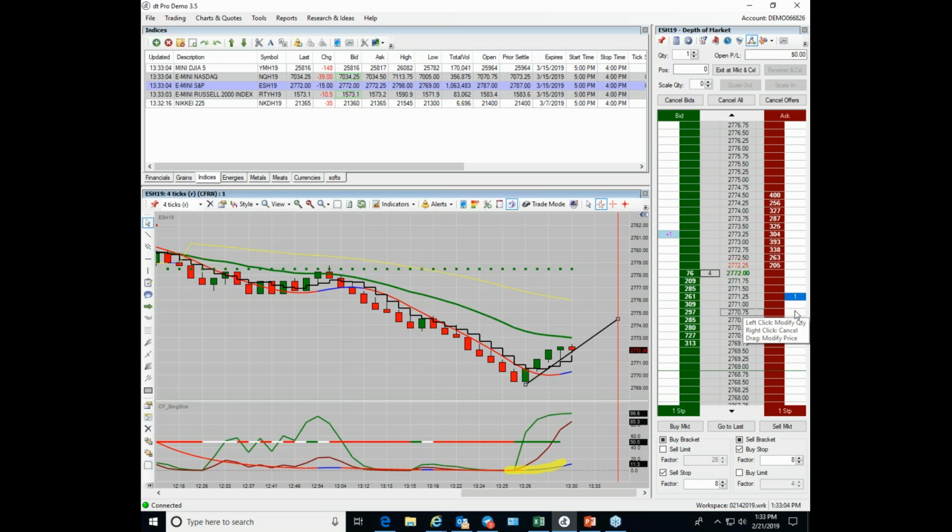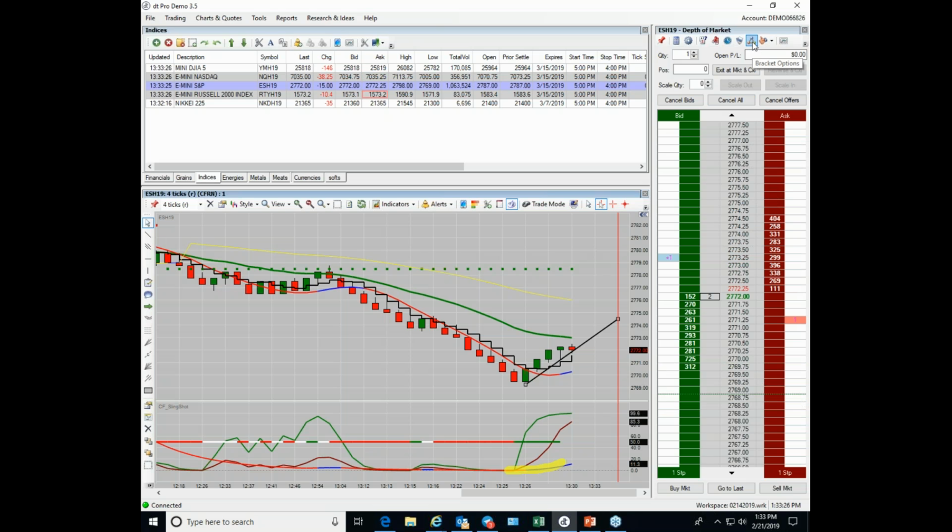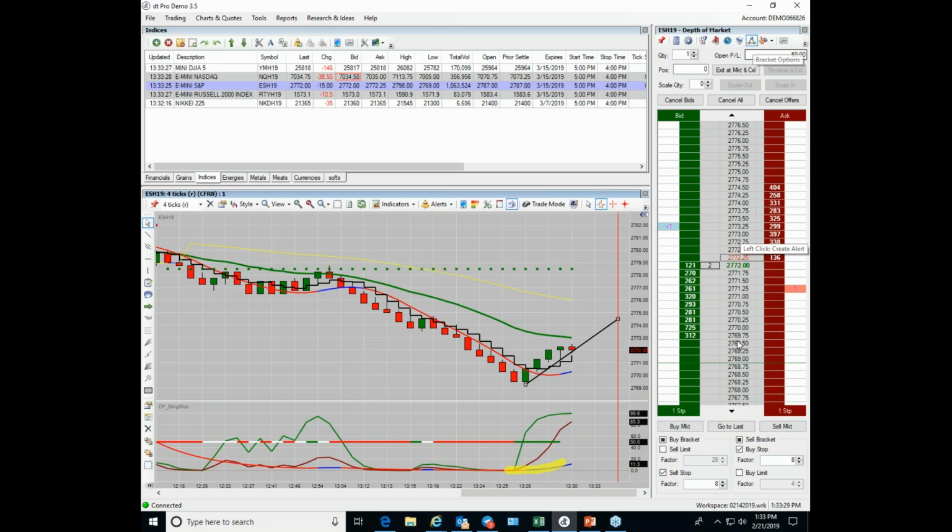Here we go. Maybe we break down here. Come on, break down. I want to also show you how to move the stops and all that other stuff, especially the guys that are brand new. So notice what I created here was a bracket. I clicked this Tinker Toy triangle, top of the DOM here.